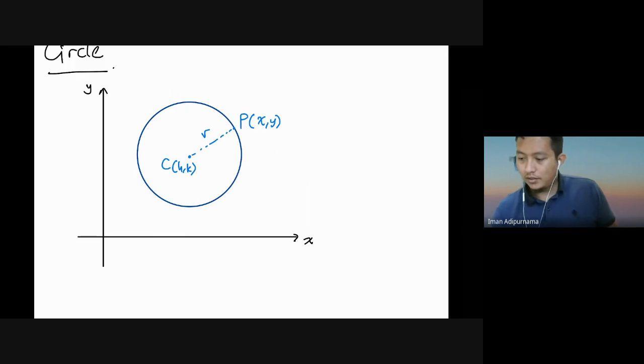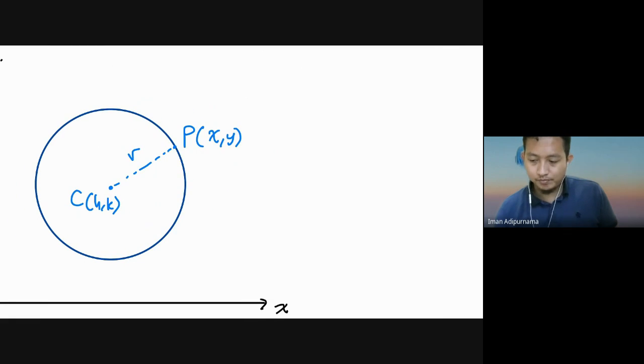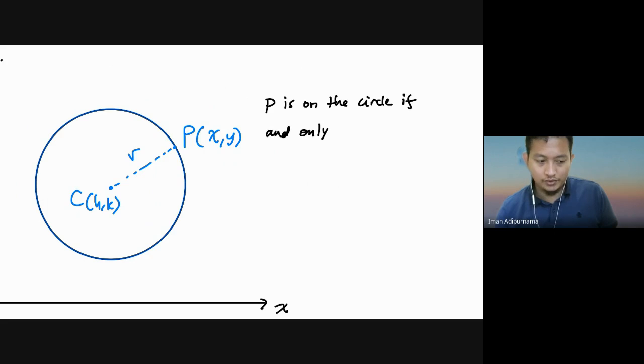If you look at point P, we can say P is on the circle if and only if the distance from P to C is equal to the radius.